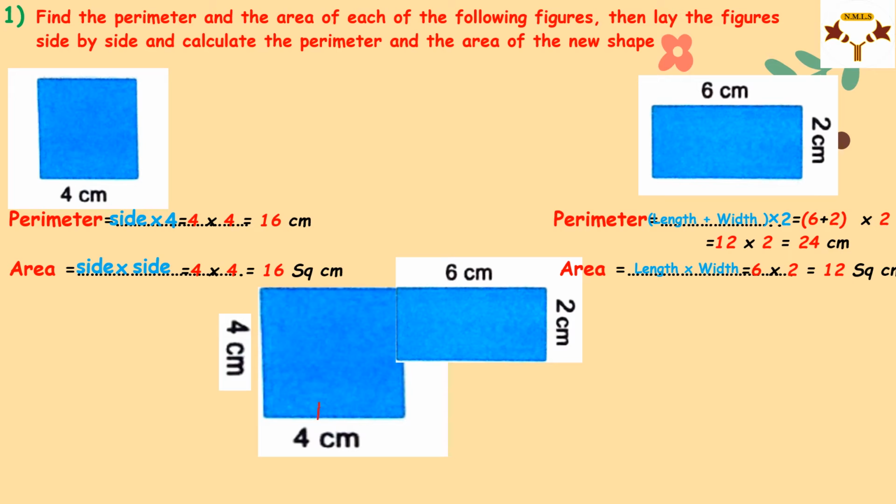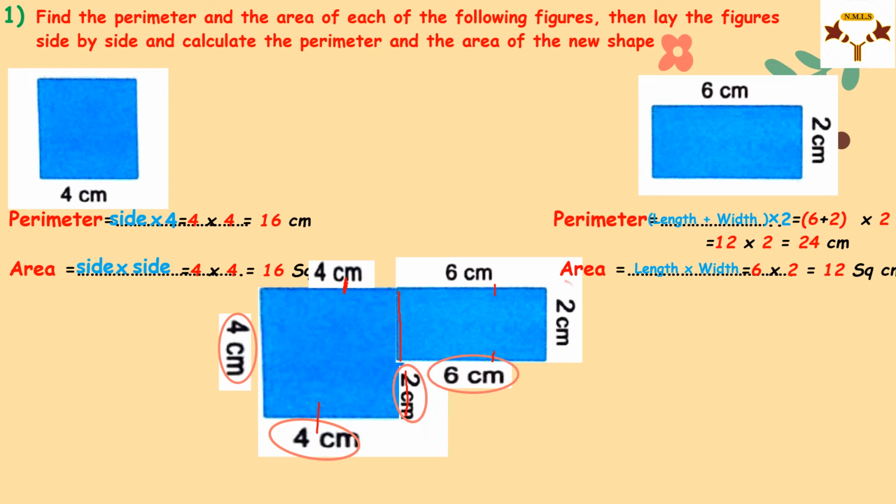This side here is 4, so the opposite side here will also be 4, and this side will be 2. So the rest here will be 2, and this one will be 4, and here this side is 6, so the opposite will also be 6.